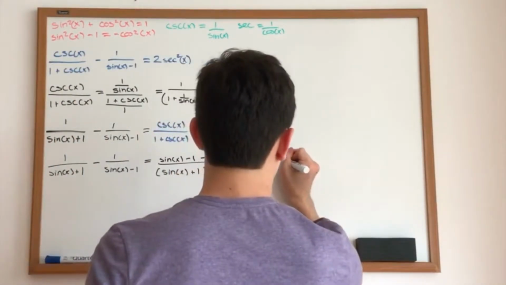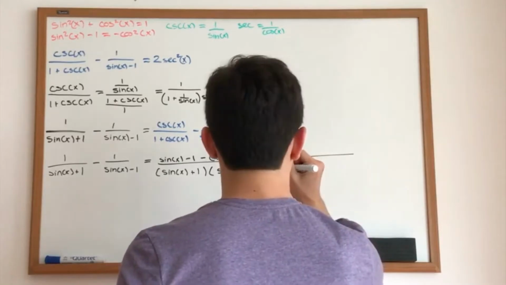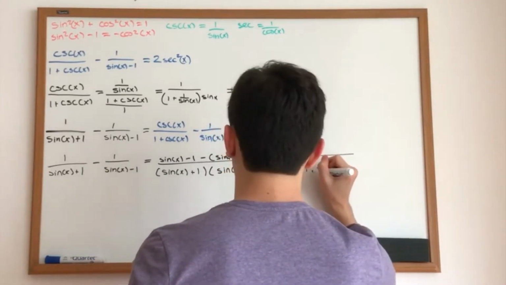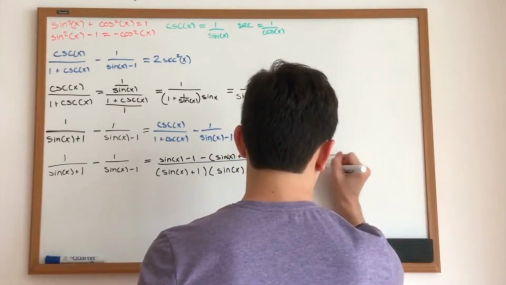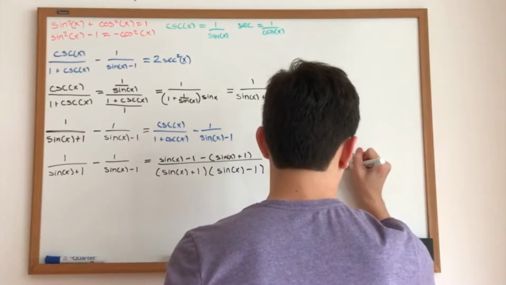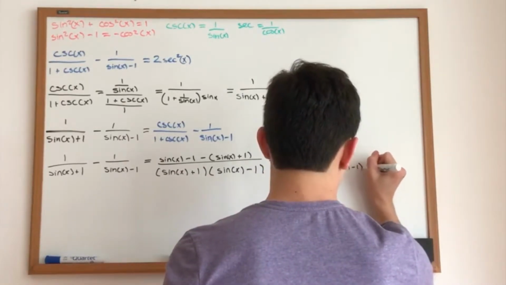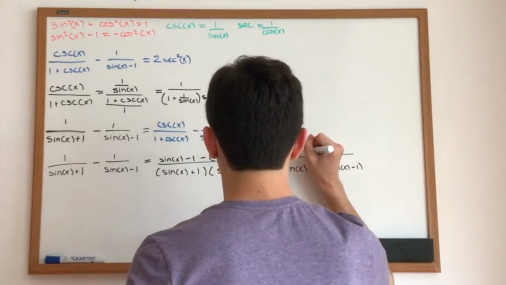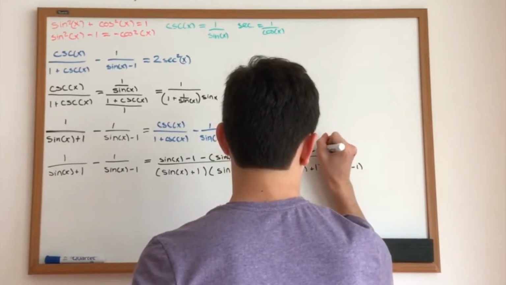If we multiply and eliminate the parentheses here, the result would be sine of x minus 1 minus sine of x minus 1, over sine of x plus 1 times sine of x minus 1.